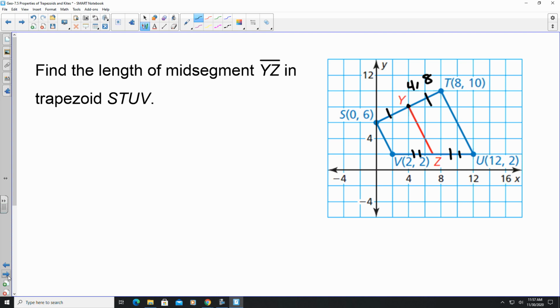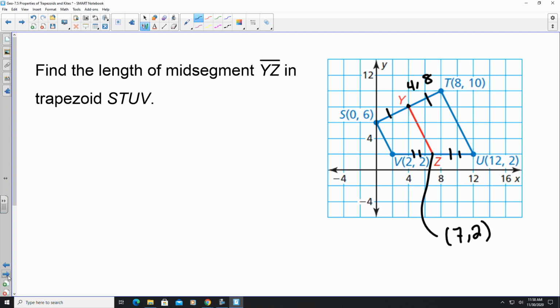And then this one here is at, so this is 2, so that's 12. That gets me 7. So this is going to be 7 comma 2.